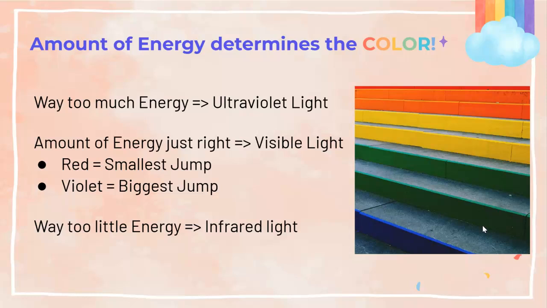If it's way too little energy, so little energy that we can't see that color, that's called infrared light. Now, depending on the species, different animals can actually see different parts of the spectrum. So that's why we say that dogs can see other colors than we can. That's because they have different retina, and so their visible spectrum of the light is different from ours.